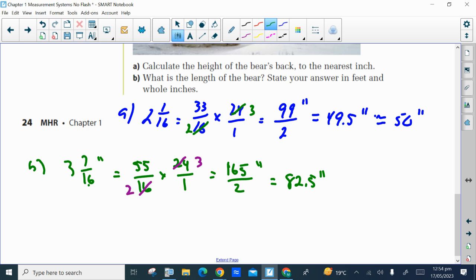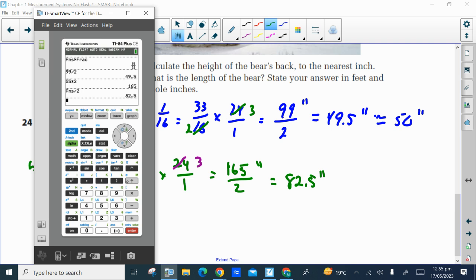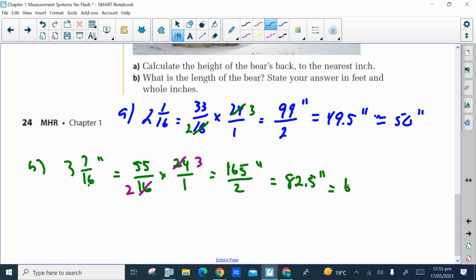There are 12 inches in a foot. It says that on your formula sheet. So if you take the 82.5 and divide by 12, you get 6.875. So that's 6 whole feet plus 0.875 of a foot. 6.875 feet.